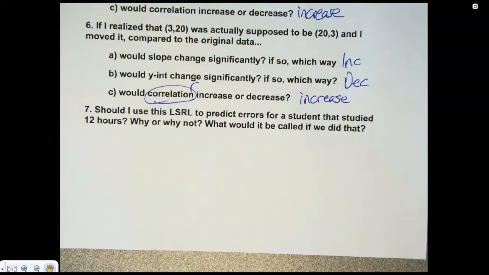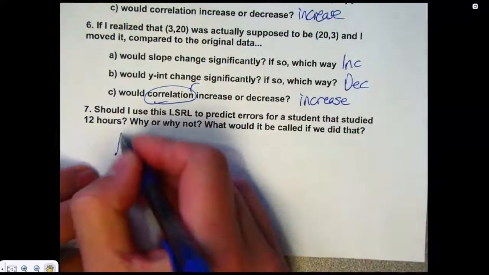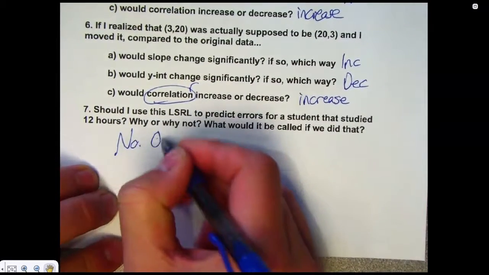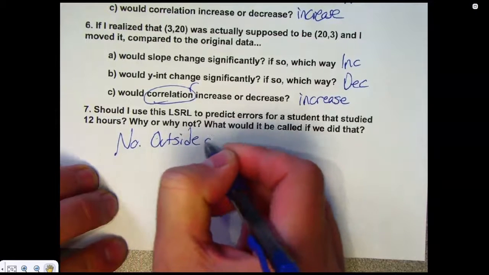Is it safe for me to assume that pattern continues way over there at 12? It's not. If you plug in 12, you end up with a negative number of errors, which I don't even know what that would be. That's called extrapolation. You should not do that. So no, it's outside of our data.